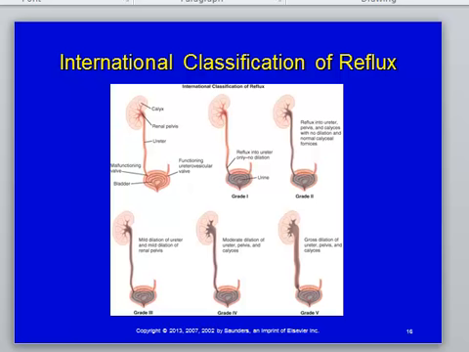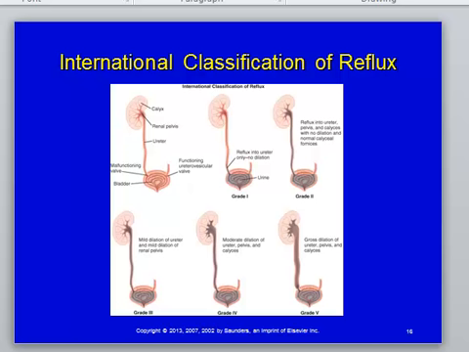Grade 2, we see reflux into the ureter, the pelvis, the calyces with no dilation, and normal calyceal fornices. Grade 3, we have mild dilation of the ureter and mild dilation of the renal pelvis. And then grade 4 and grade 5 are worsening refluxes into the kidney.